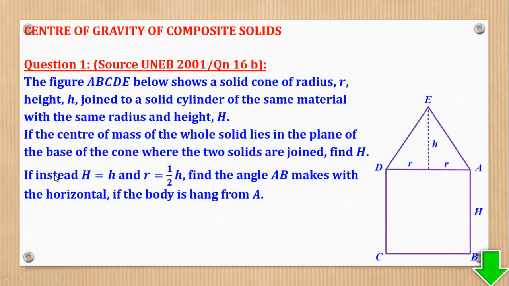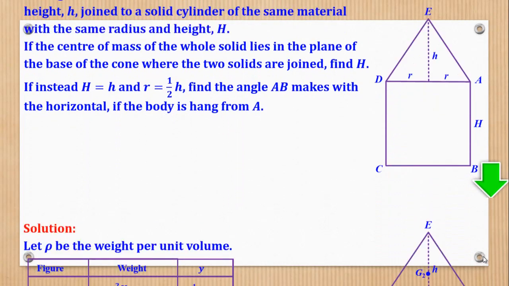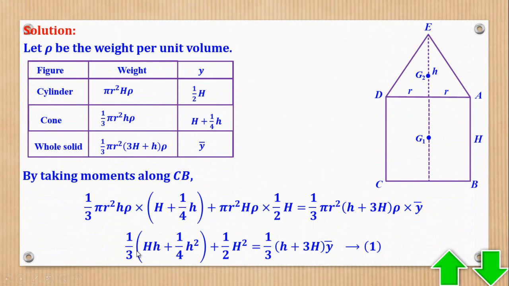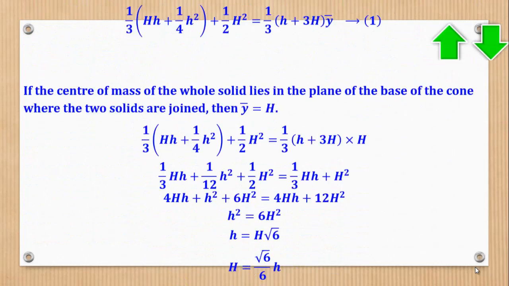This part says that if instead capital H is equal to small h and r is equal to a half h, find the angle AB makes with the horizontal if the body is hung from A. So that means that from our equation 1 here, where there is capital H, we are going to replace it with small h. So let's do that.